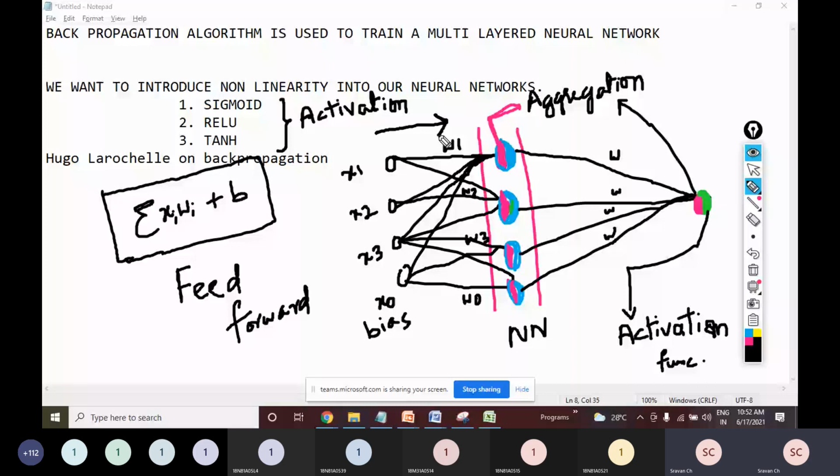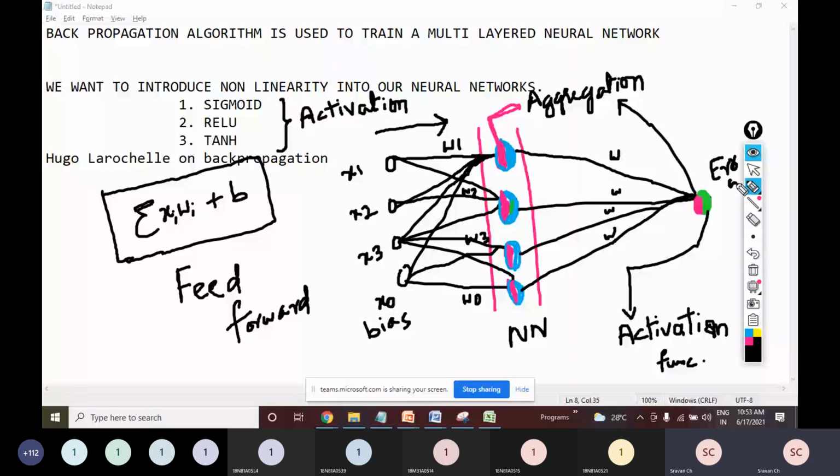Then what do you mean by back propagation? Back propagation means at the final output layer, you can calculate the error. If there is an error, we have to minimize the error, right?